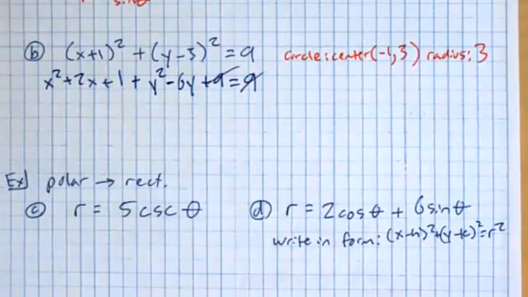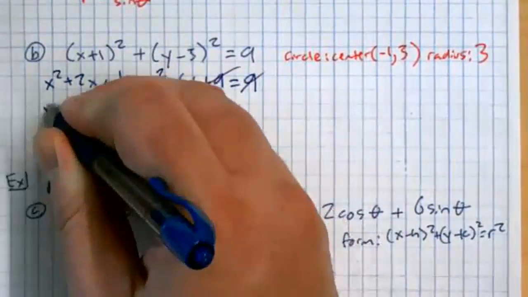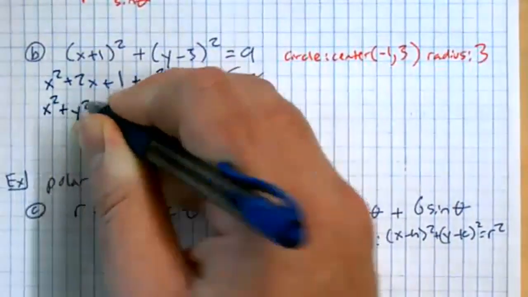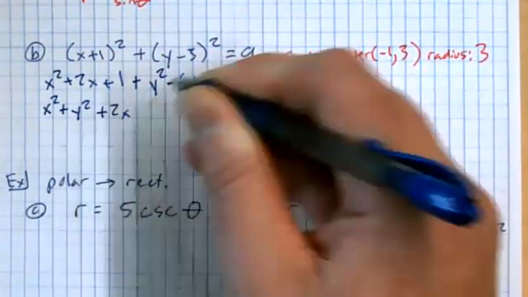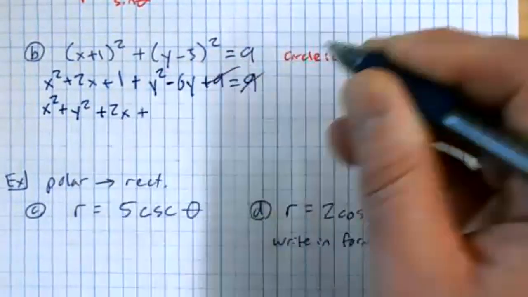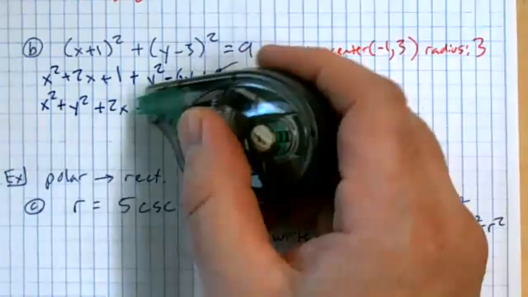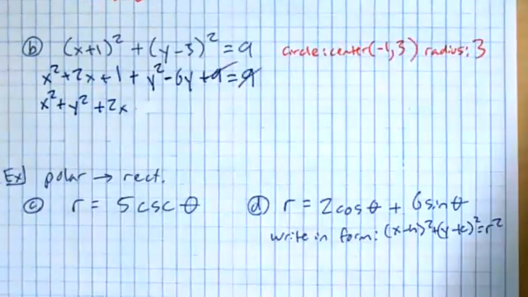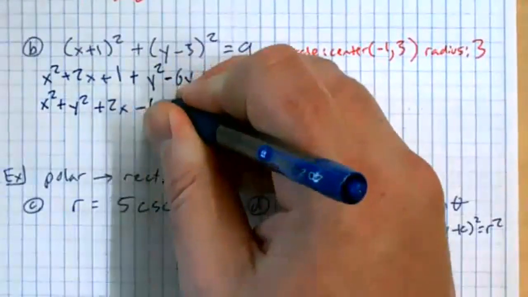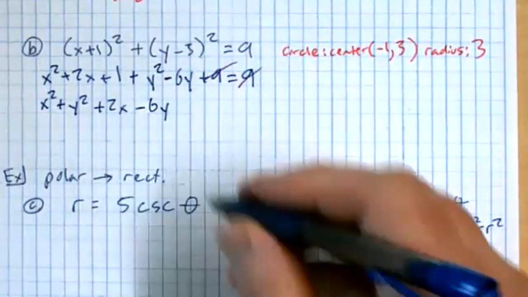All right, let me rearrange this slightly to make it a little bit easier to do some substitution. X squared plus y squared plus 2x plus, oh, sorry, minus 6y. This is a little pro move that you guys are going to get good at once you've seen it once.